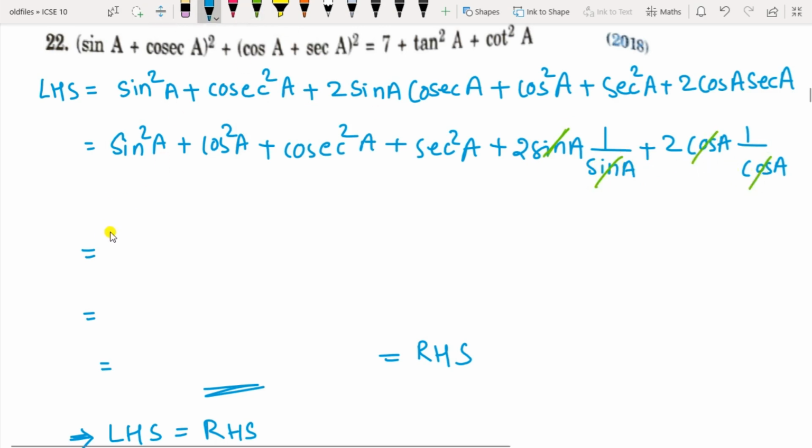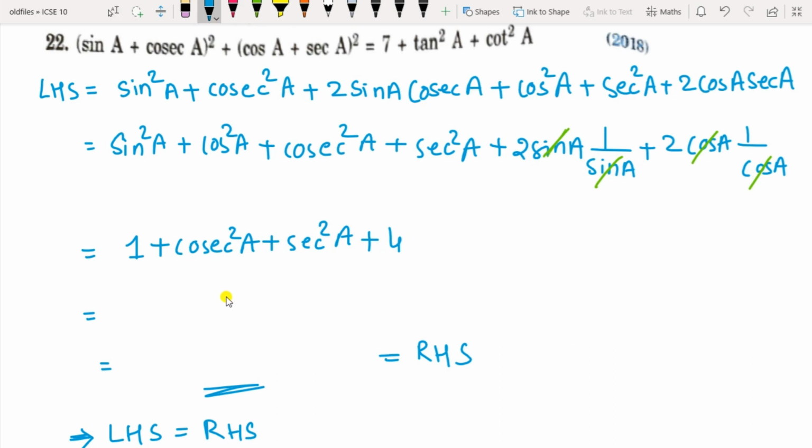So you are getting sin square A plus cos square A, that is also equal to 1. Then remains cosec square A plus sec square A, and 2 plus 2 will be 4. So this is equal to 4 plus 1 is 5, plus cosec square means 1 plus cot square A, and sec square means 1 plus tan square A. So 5, 6 and 7.